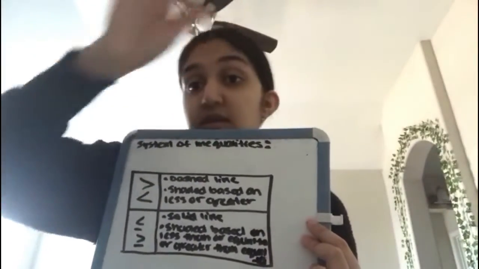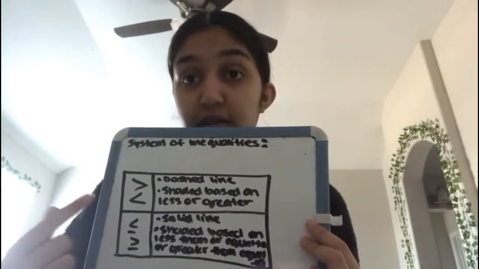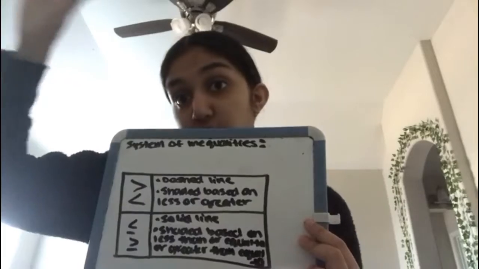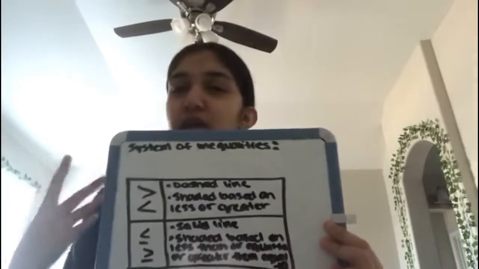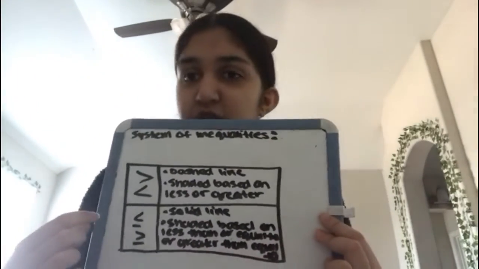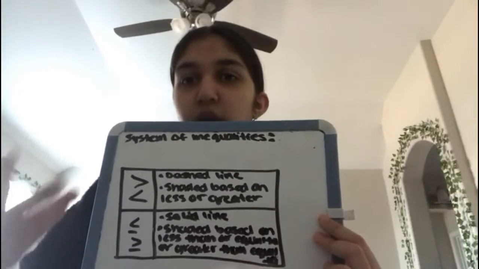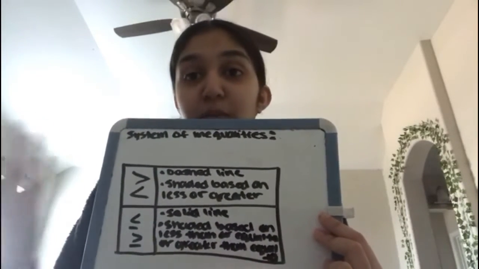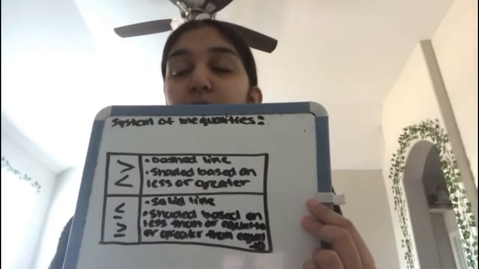The left side would be the less than, but since we have a greater sign, we have to shade on the right side. That's what I mean by shaded, but it's easier when I show you how it looks.